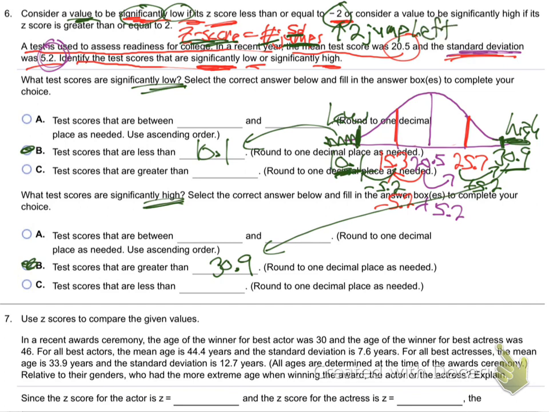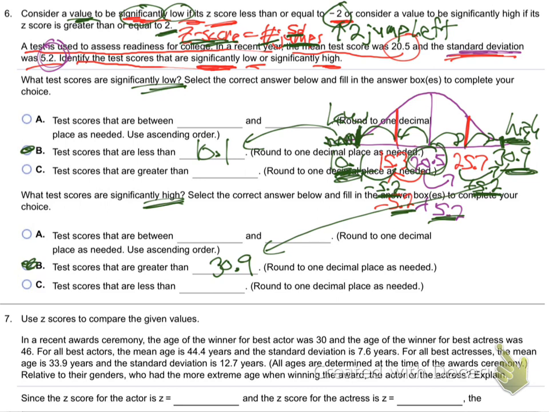And it's high if you're +2. That's two jumps right. So I started here, and I went one jump left, two jumps left. I subtracted 5.2, the standard deviation, twice from the middle number. And then I added the 5.2 twice to the middle number. And that's how I got my significantly low and high.